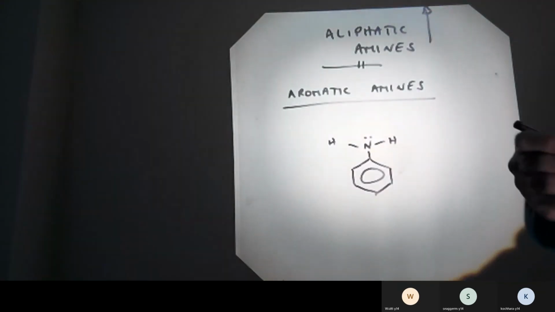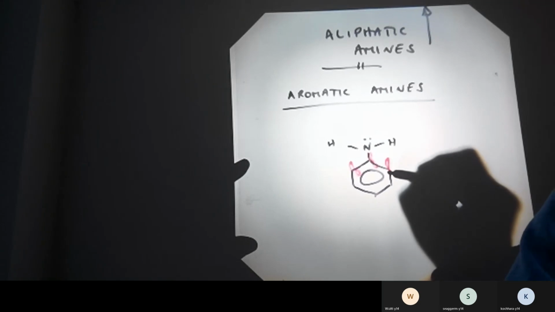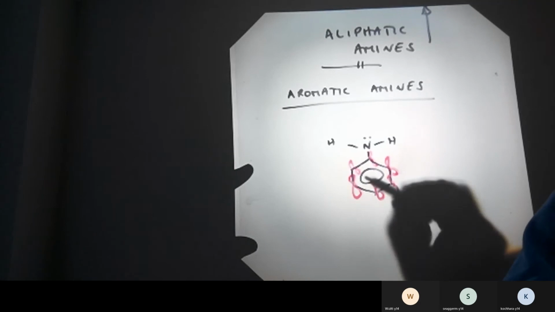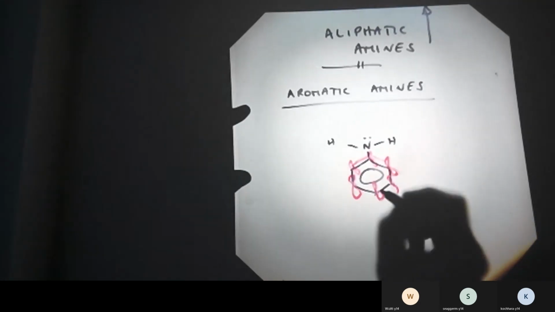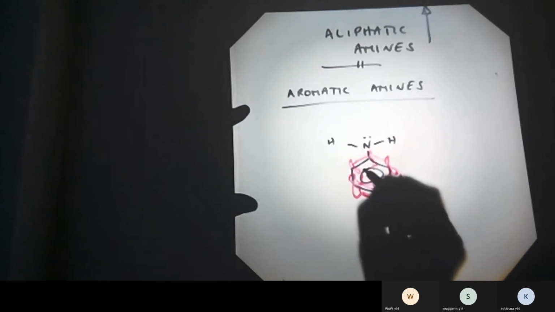So there you have p electrons like this. And we can talk about having delocalization happening above and below the ring.